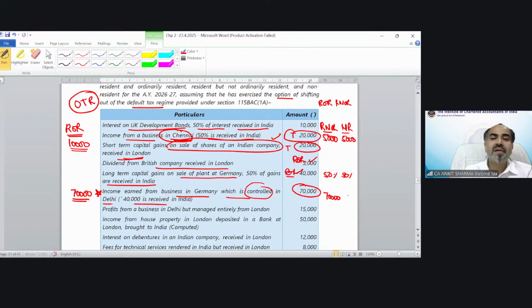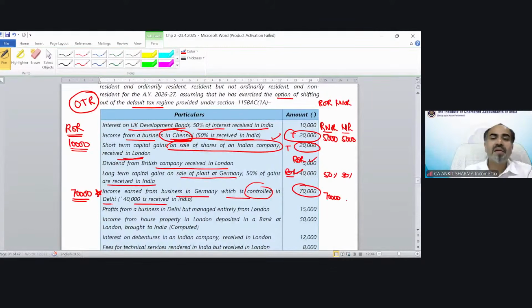Profit from a business in Delhi, but managed entirely from London. Now you can see if the profit is from Delhi, that means my business is in Delhi.